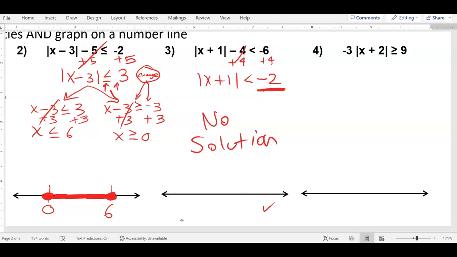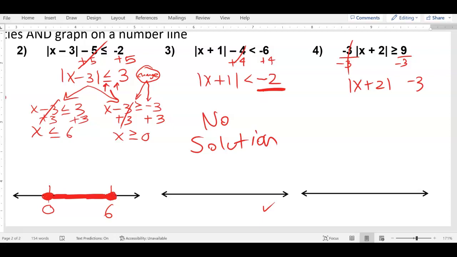Okay. All right, last but not least, I need to get rid of this -3 in front of the bars, so I'm going to divide by -3. Divide by -3. There we go. All right, those cancel out. Okay, this is an error, my bad.